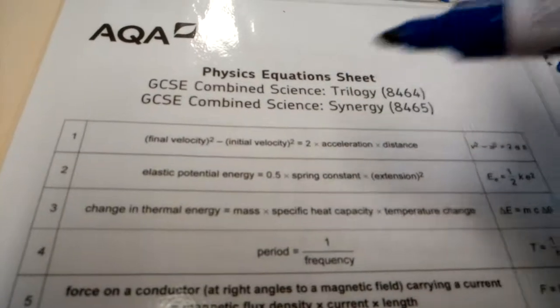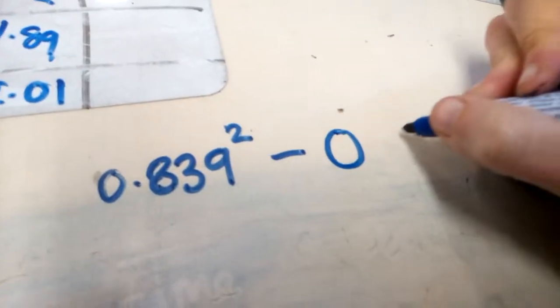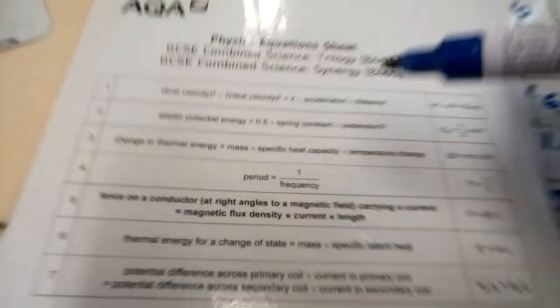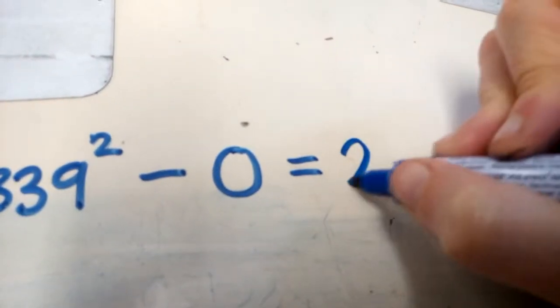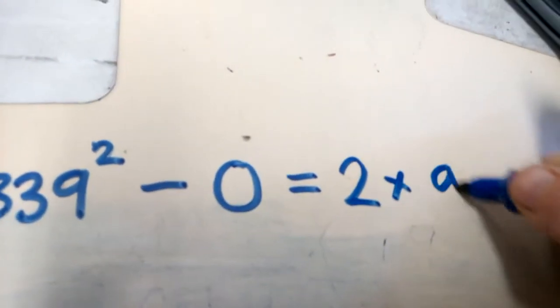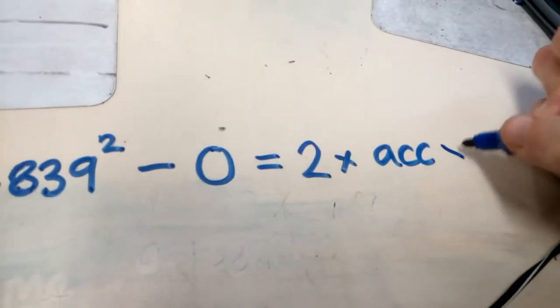Well, we started with a velocity of 0, so I'm going to take away 0 squared, because that's still 0. That's going to be equal to 2 times the acceleration times the distance. So if I put that in my equation, I've got 2 multiplied by the acceleration, that's what I want to find, multiplied by the distance.